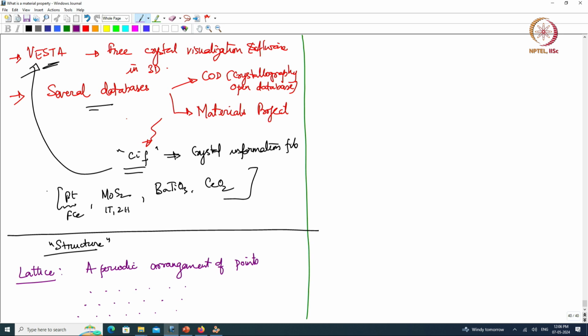I do not want to confuse you by using the word basis, but suppose I have a coordinate system in which this lattice can be represented.